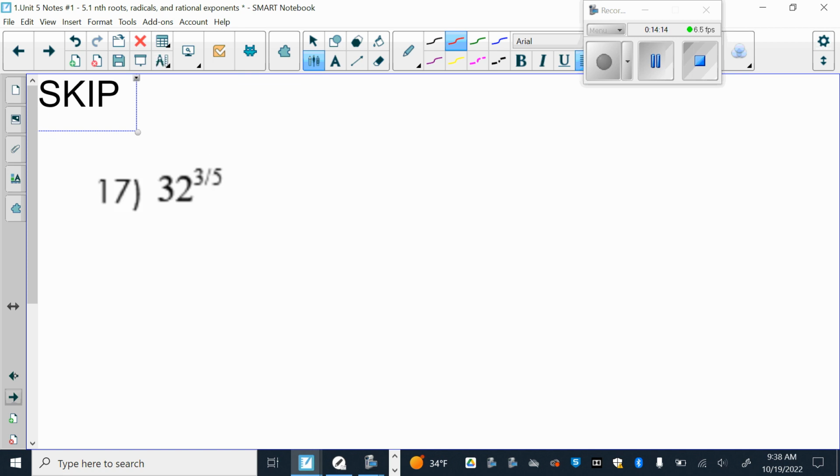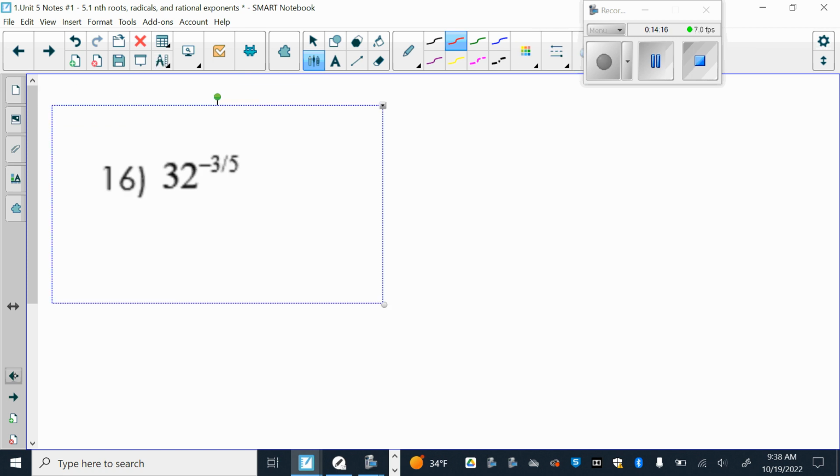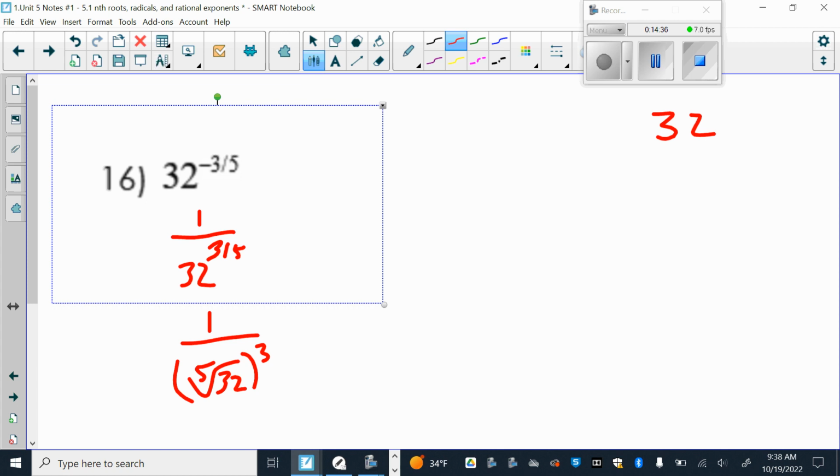Oops. Number 16. So negative exponent means I got to move it to lose it. So I move the 32 to the denominator, and now I have a positive exponent. So this is really 1 over the 5th root of 32 to the 3rd power. So 32 is 2 times 16, which is 2 times 8, which is 2 times 4, which is 2 times 2.